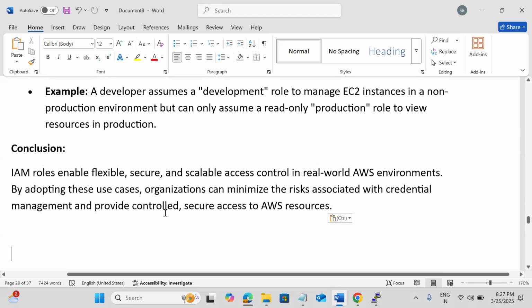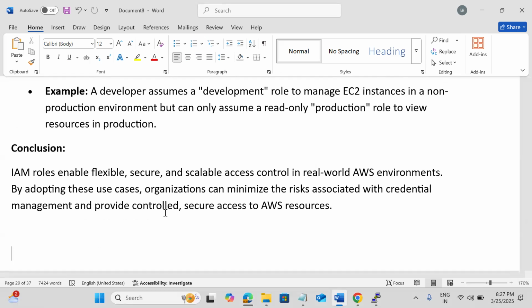What IAM provides is identity and access management for AWS resources, and we can provide authentication, authorization, multi-factor authentication, single sign-on, and federation services at the AWS service level, cross-account level, or multi-account level, which we can manage using Organizations and SCPs.